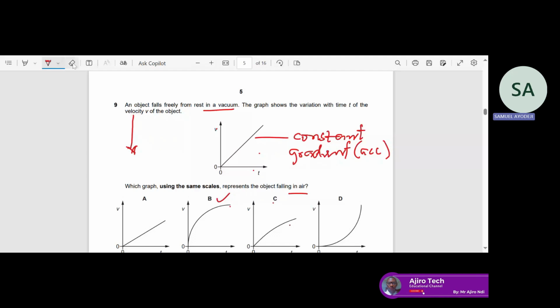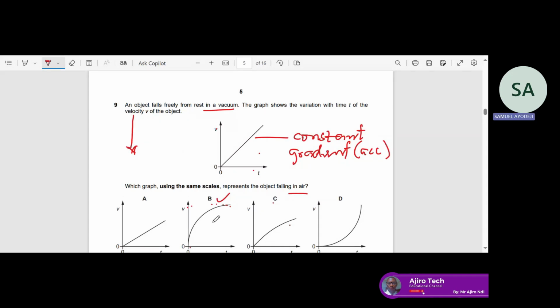The slope of this graph decreases and becomes 0 when it becomes straight here. Maybe the question did not tell us it enters terminal velocity. So B means acceleration decreases.